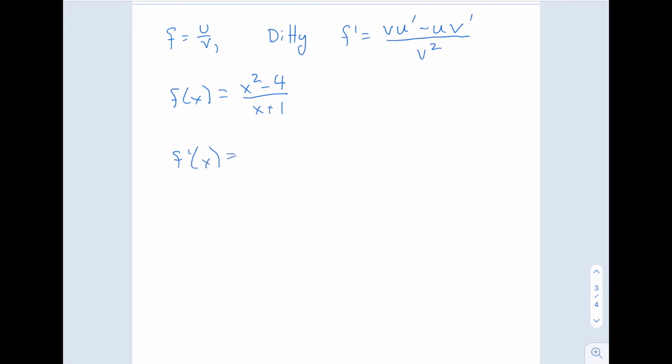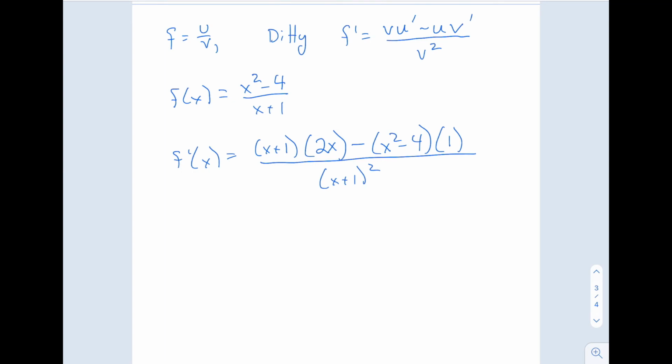Our derivative, low, x plus 1, d high, I'm going to take the derivative of the numerator. The derivative of x squared is 2x. The derivative of 4 is 0. Minus high, that's the numerator. D low, the derivative of x plus 1 is just 1. Square the bottom, and away we go.